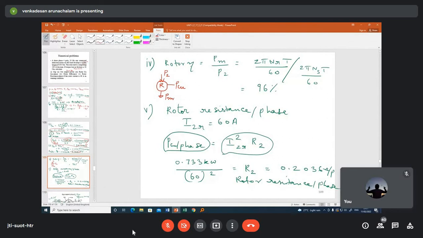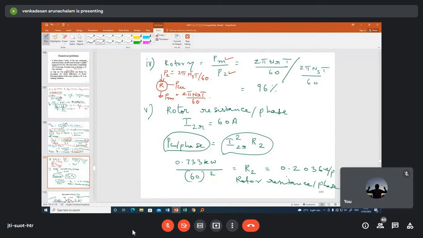So the rotor efficiency is nothing but rotor output, that is Pm, divided by rotor input P2. Pm is nothing but 2 pi N T by 60. That is my Pm. And P2 is 2 pi Ns T by 60.